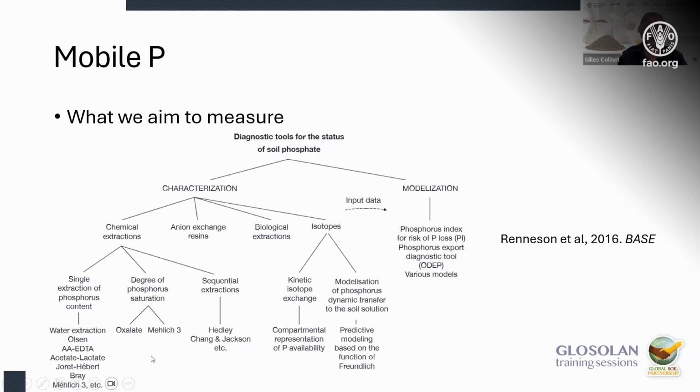Another one that we worked on is the degree of phosphorus saturation. The idea is that in our context, the phosphorus can be sorbed on oxides of iron and aluminium, and we try to dissolve them and measure the phosphorus that is linked to their sorption.